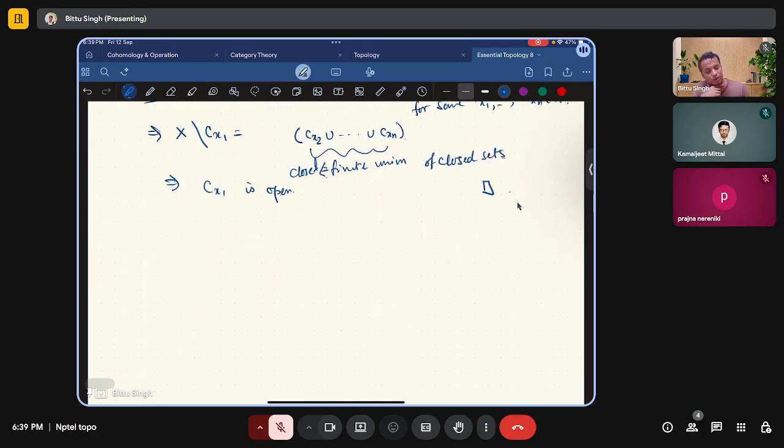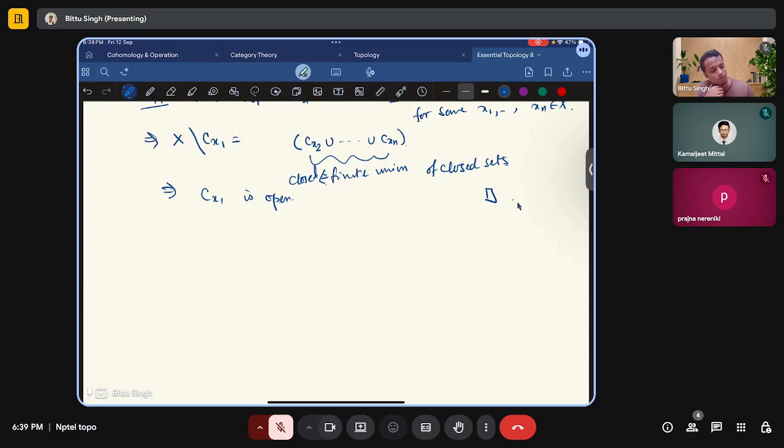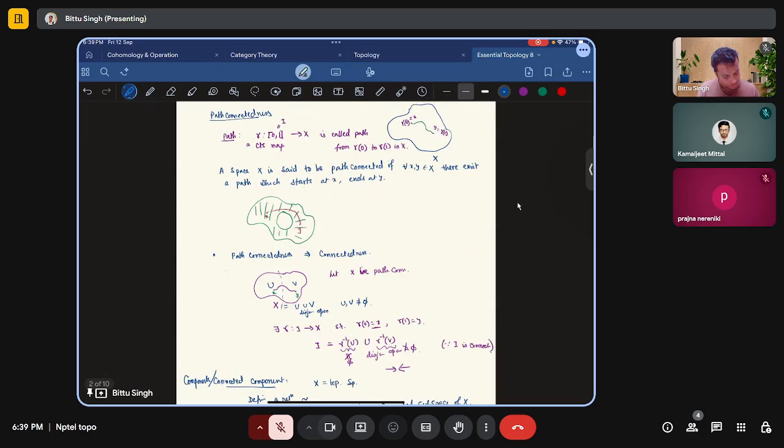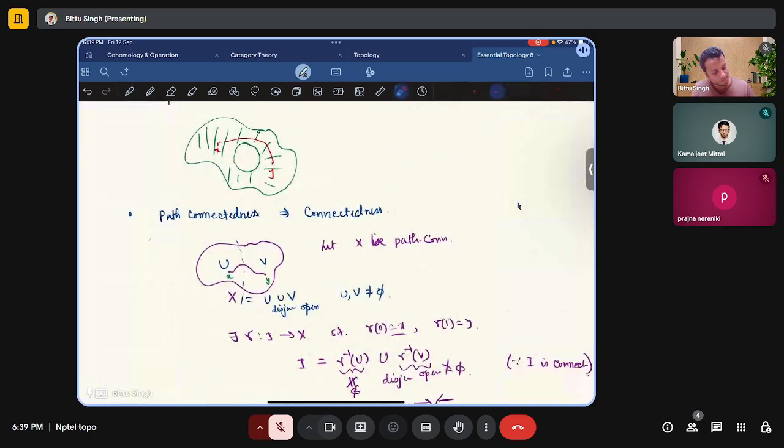Another important thing from this observation: path connected implies connected. If something is path connected, then it will be connected.